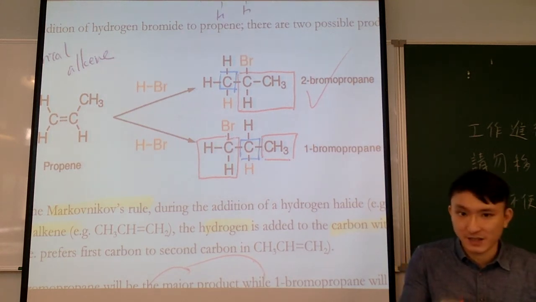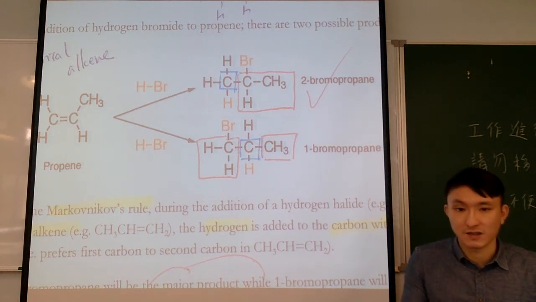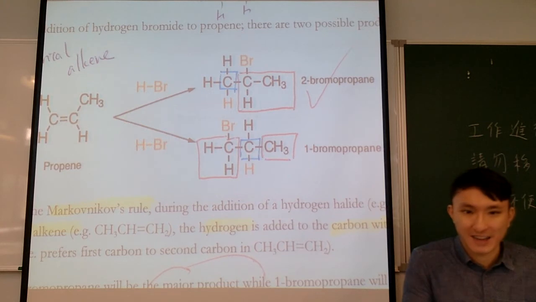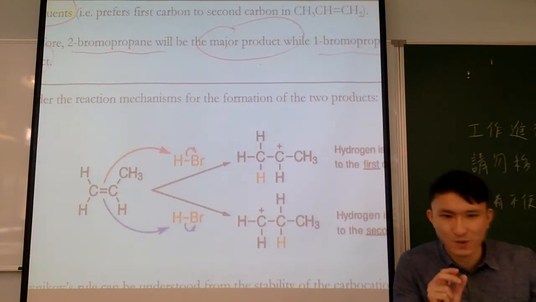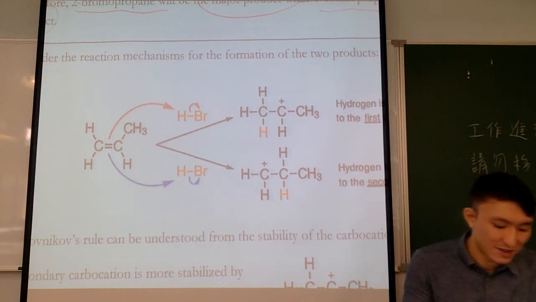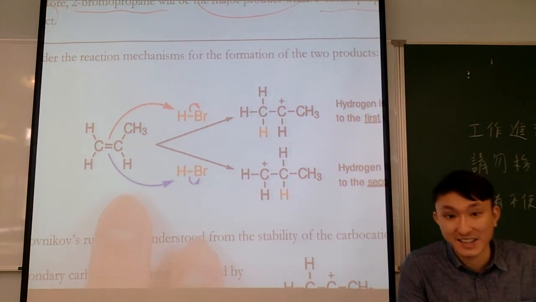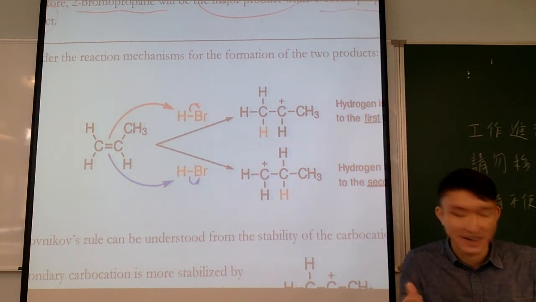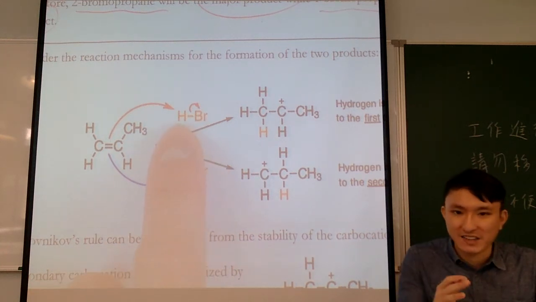For the detailed explanation, it is out of the HKDSE scope, though it was in A level, but I would just want to briefly talk about why this is the case. The idea is, think about it, when you open up the double bond, then we will plug in the atoms.